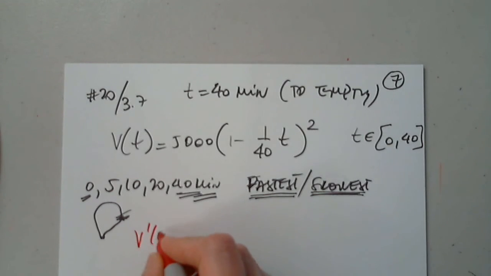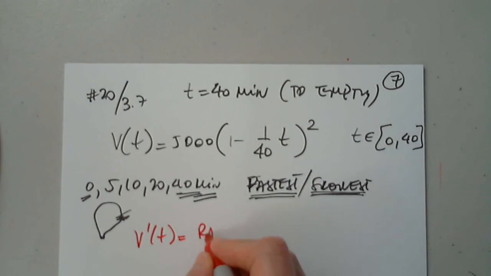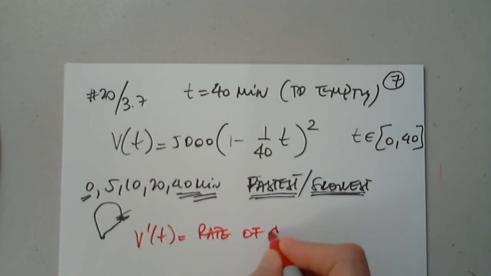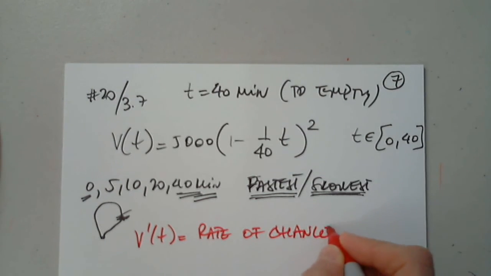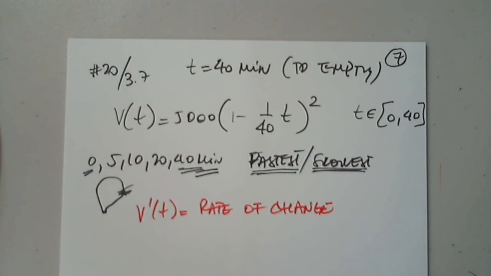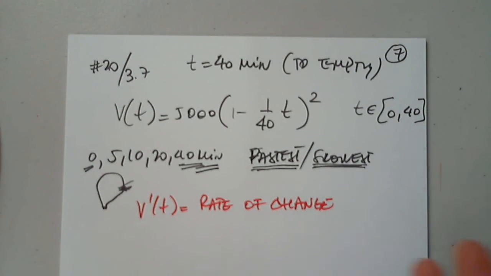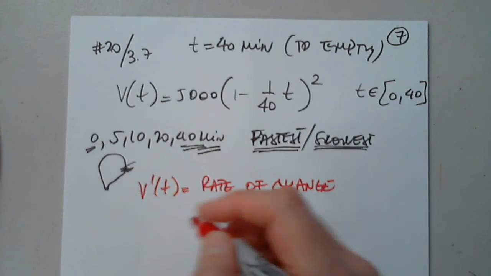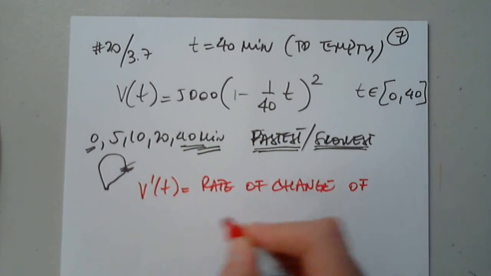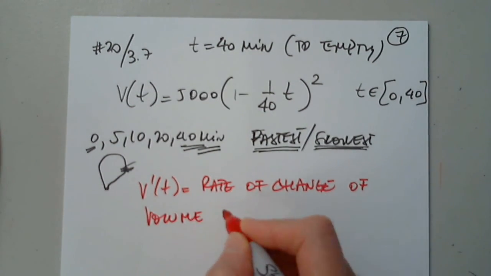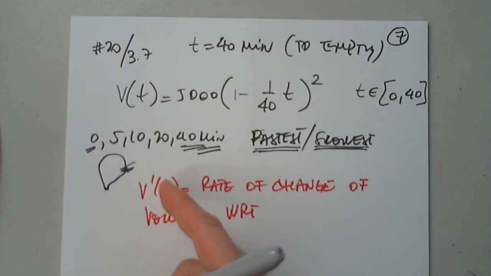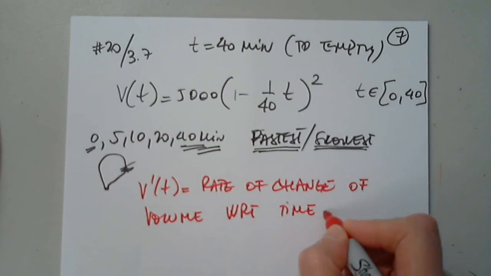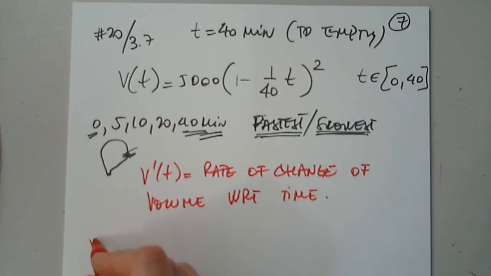So let's find V prime of t. This is the rate of change of the volume of water with respect to time. Let me write that. Rate of change of the volume with respect to time. Okay, so V prime of t.